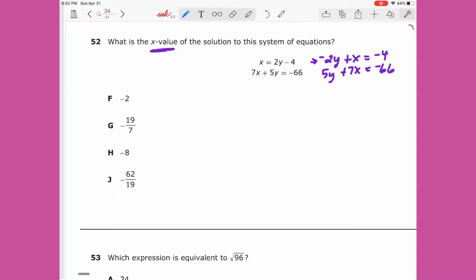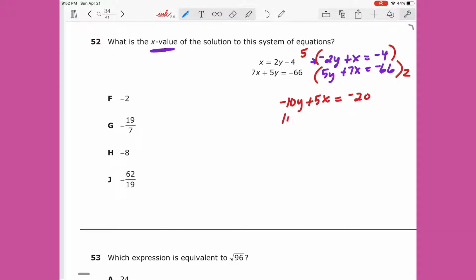y. So I'm going to multiply this one by 5, and I'm going to multiply this one by 2. So now that's going to give me negative 10y plus 5x is equal to negative 20.